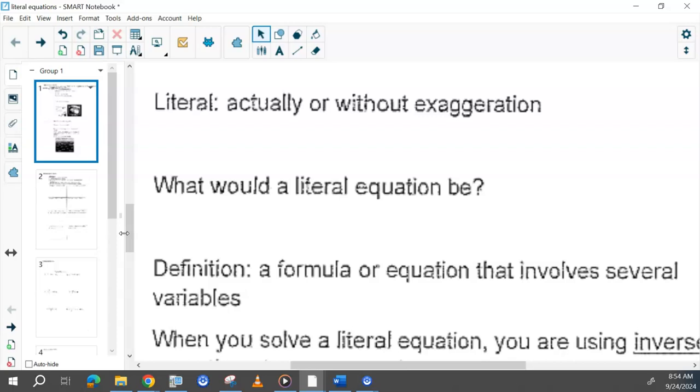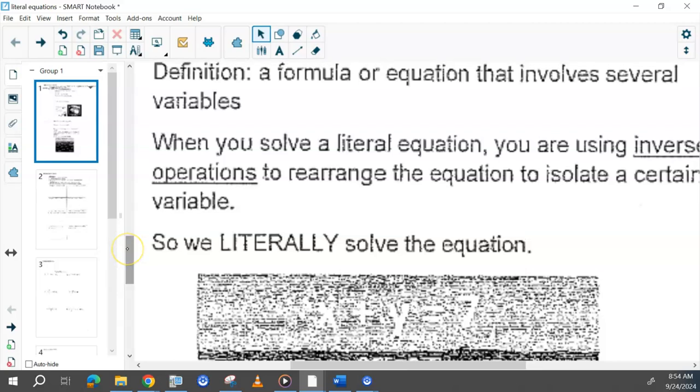So there's the actual definition for literal, actual, or without exaggeration, but a literal equation is a formula or equation that involves several variables. So it's like solving a regular equation, but instead of getting an actual number, you're going to get a variable equals some other variables. So when we're solving a literal equation, we're still solving it like normal.